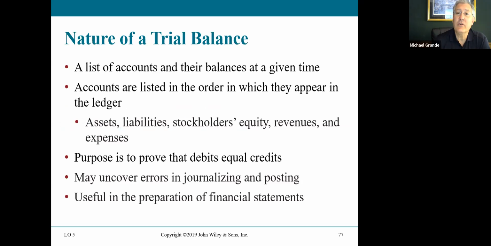Accounts are listed in the order in which they appear in the ledger: assets, liabilities, stockholders' equity, revenues, and expenses. The purpose is to prove that debits equal credits. We're going to list all the debits, we're going to list all the credits, and they should equal each other. It may uncover errors in journalizing and posting, and it's useful in the preparation of financial statements.